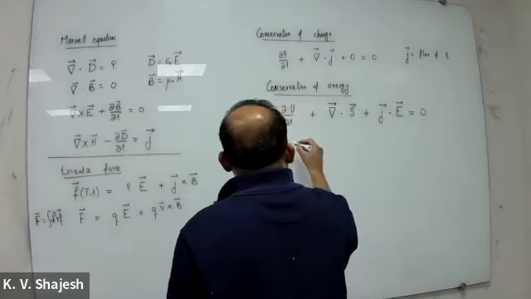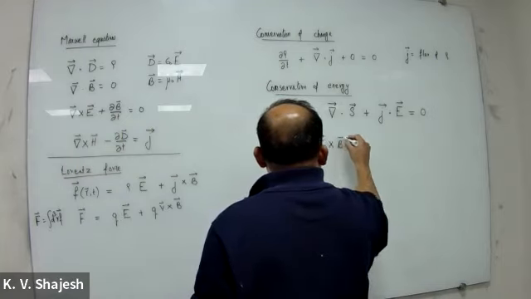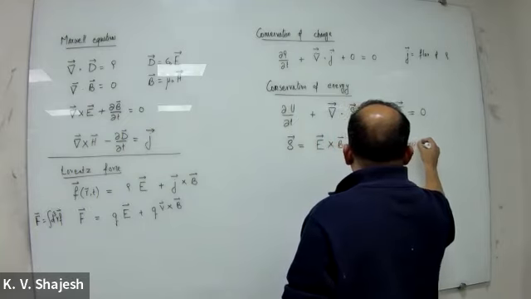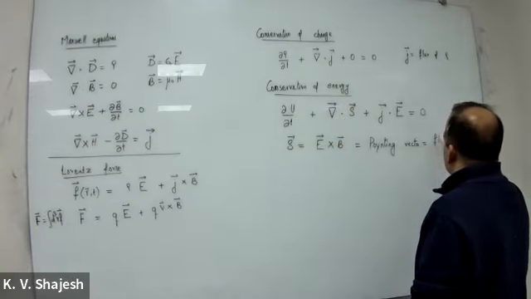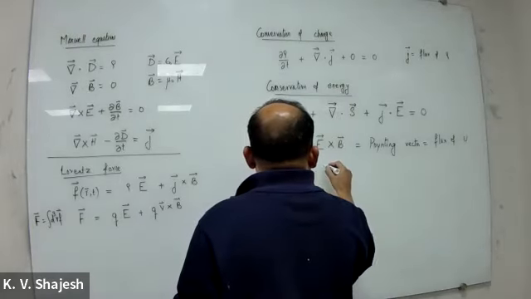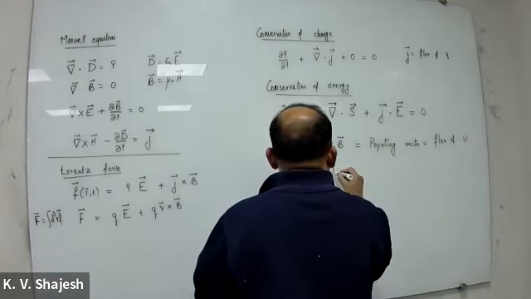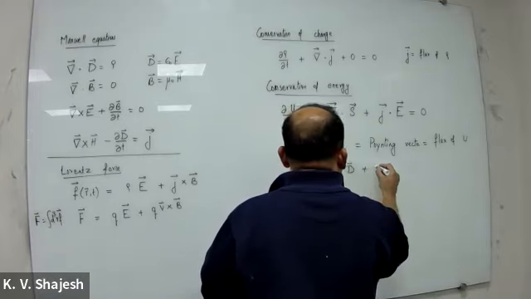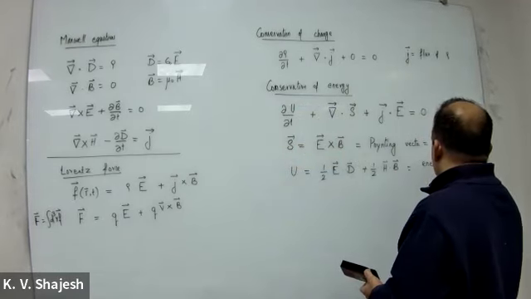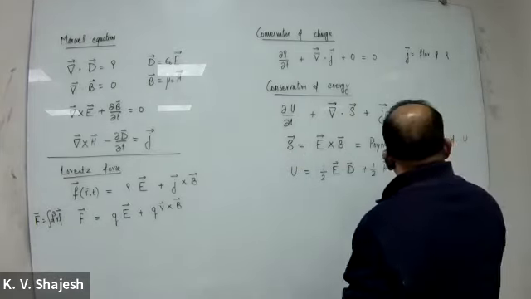This is the flux. So S is the Poynting vector, and we said it is E crossed with H. Or even better, this is the flux of U. And U is one half of E dot with D plus H dot with B. That's equal to energy per unit volume, or electromagnetic energy per unit volume.